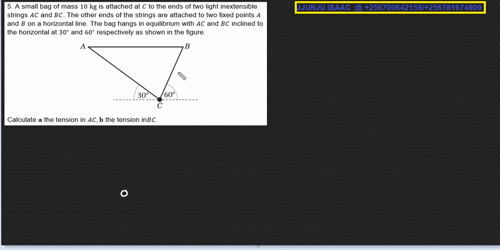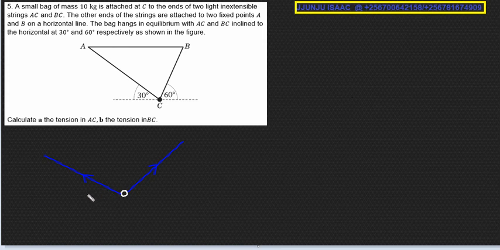So it implies that this particle is in equilibrium, so forces are balanced. Forces in one direction will be equal to forces in the opposite direction. So let us put the force diagrams. We have this tension, and we also have this tension here, at an angle of 30 degrees.